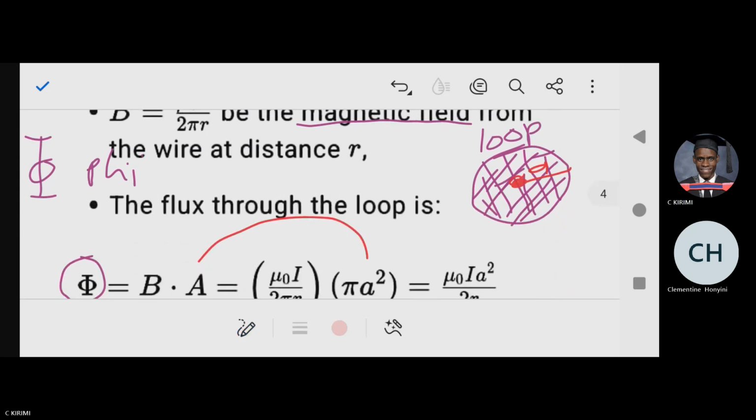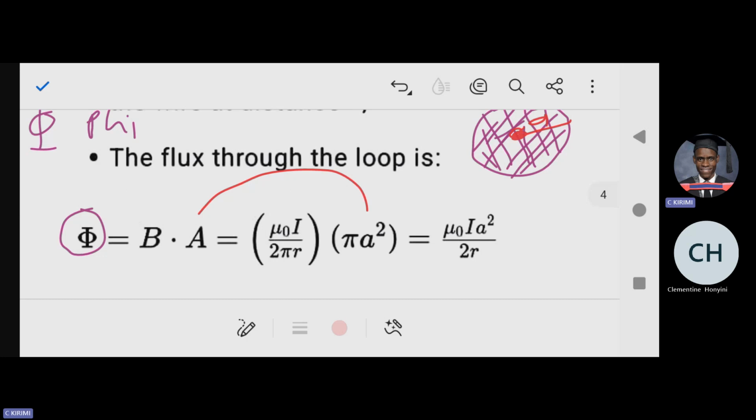So this is my magnetic field multiplied by the area of the loop. There are things that are going to cancel, isn't it? The pi, can you see? The pi on the denominator cancels with the pi there, so pi disappears.